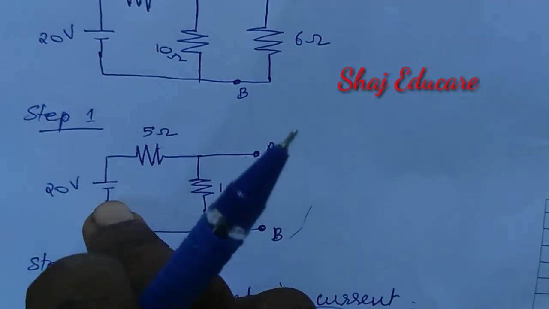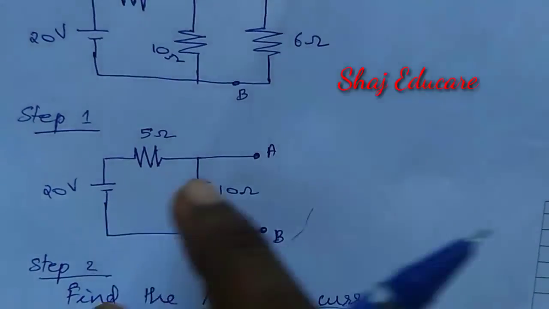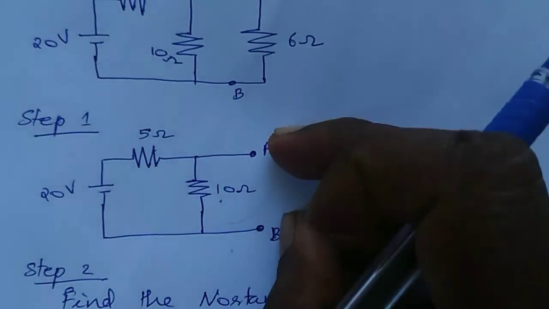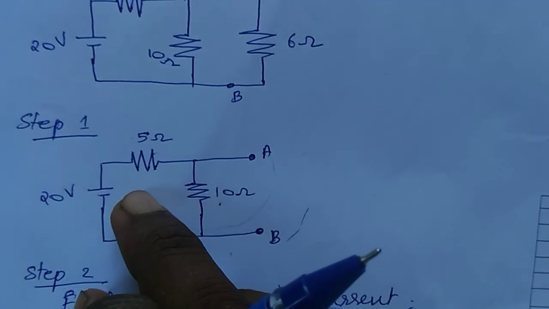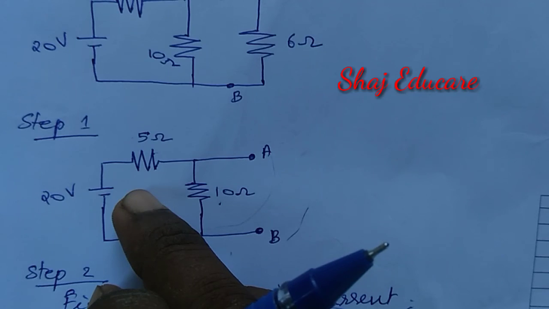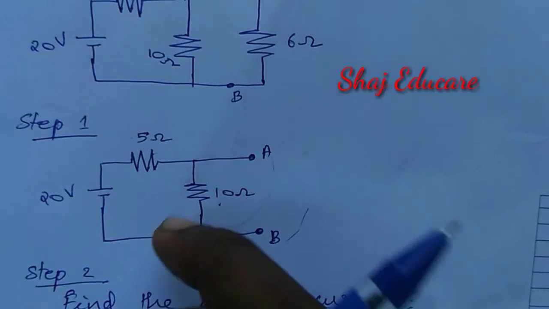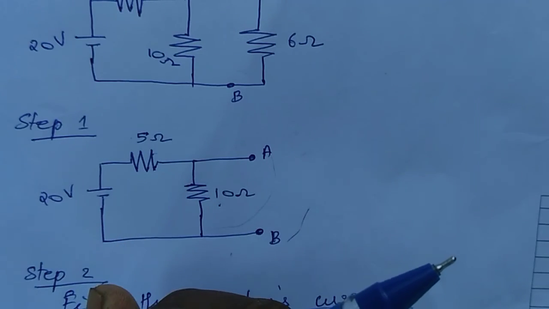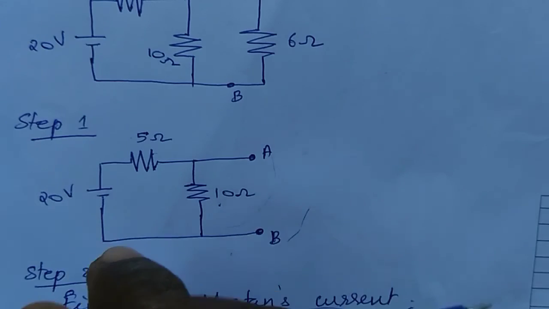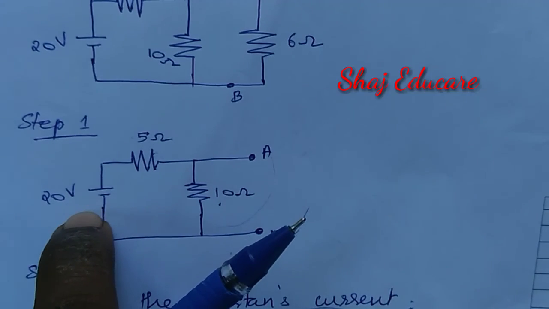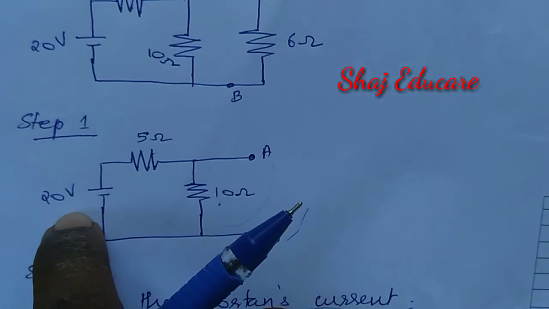As we know, if there is any voltage source or current source, while calculating the equivalent resistance we have to nullify it. If it is a current source, we have to make the current source equal to 0. How can we make the current source equal to 0? Simply by open circuiting. All of you know that in an open circuit there will not be any current flow. Here we have only a voltage source, the 20 volt voltage source.